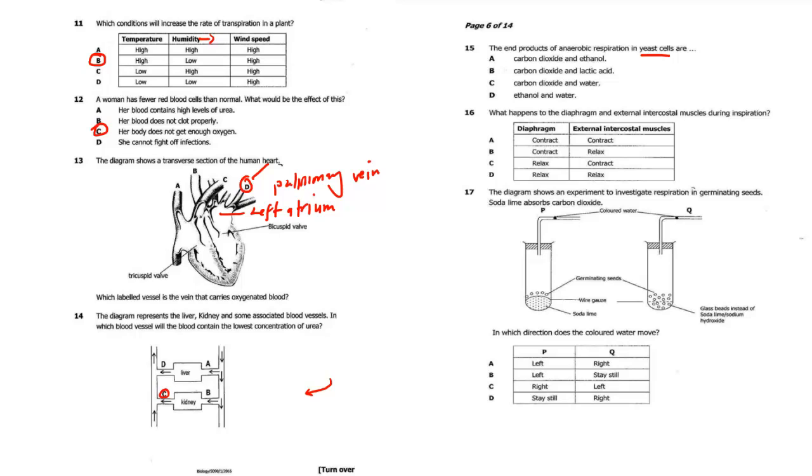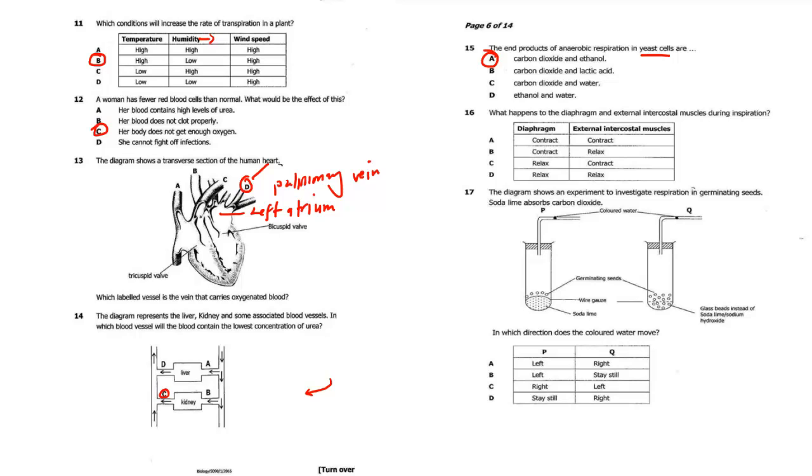So the answer for question 15 is carbon dioxide and ethanol. Lactic acid is produced in lactic fermentation. Water, no. Then we have ethanol.